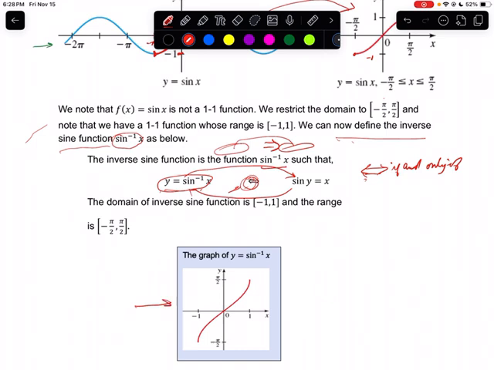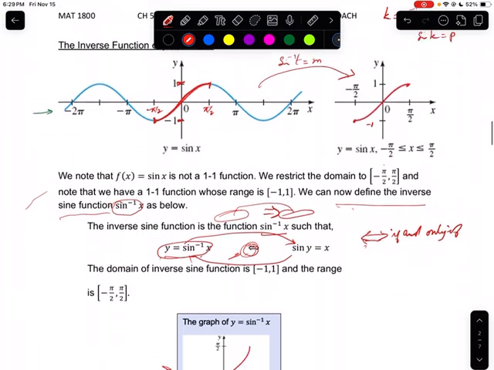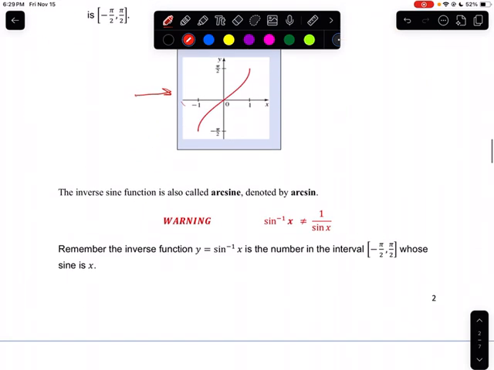So that will become the range of the inverse function, the restricted domain. And the range of the sine function was negative 1 to 1, which will become the domain of the inverse function, negative 1 to 1 on the x-axis here. So this is how we define the inverse.